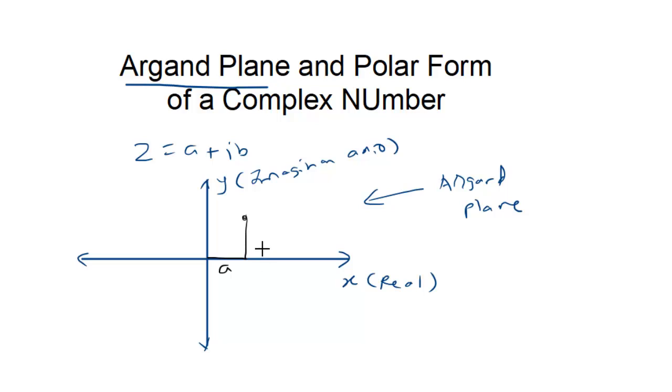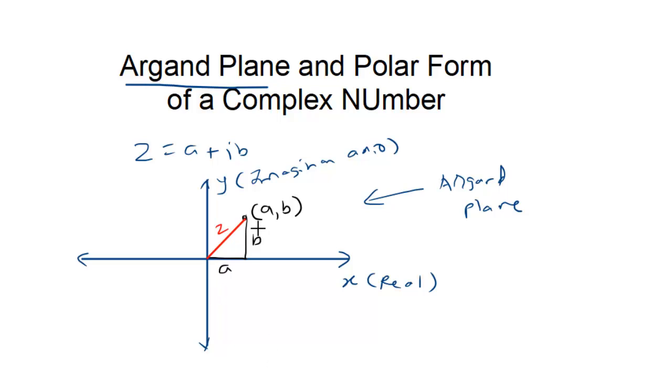It is a and this is b, and this point will be a comma b. And the length from the origin to this point is actually the modulus of z.